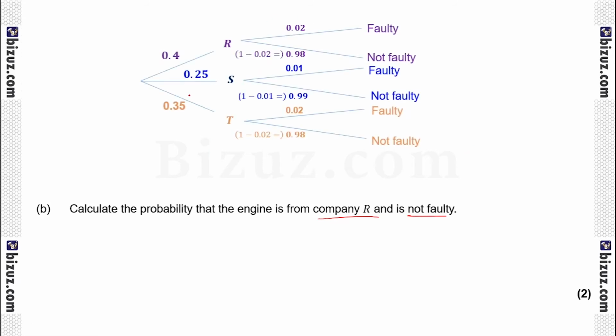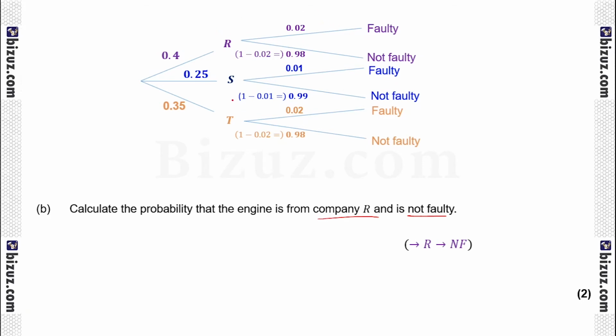Okay, next part, calculate the probability that the engine is from company R and is not faulty. So it's from company R and it's also not faulty. I'll bring the tree diagram for reference. In tree diagrams, I find these the most fun when finding probabilities.